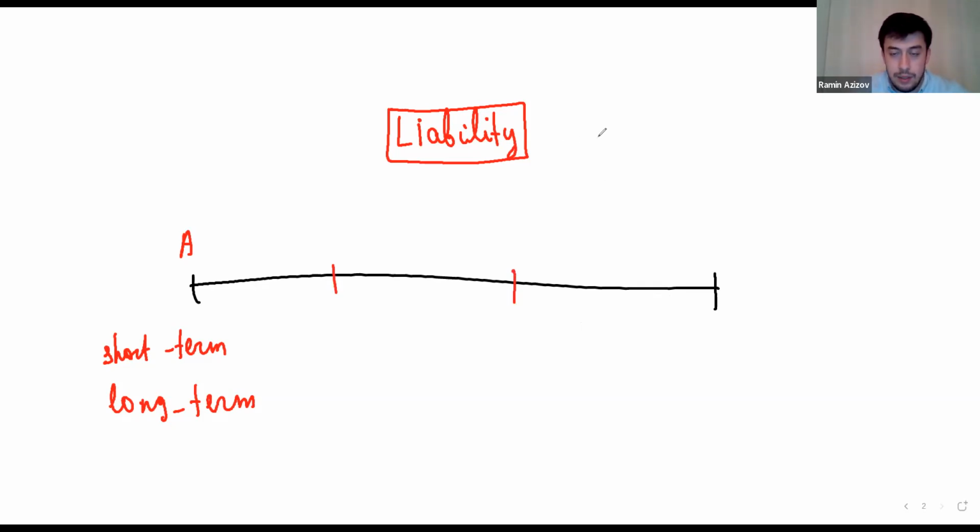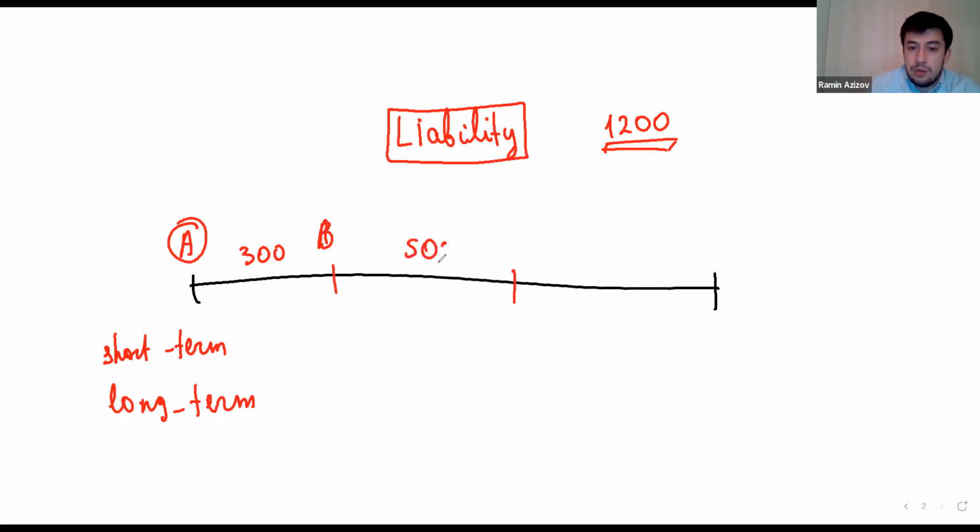I have a bank liability, let's say 1,200. And I have agreed with the bank. Consider that, guys, there is no interest expense. At point A, you took a bank liability of 1,200. And your bank agreement says that you have to pay 300 in year 1, I mean within point A and B, and 500, and then we have 400.